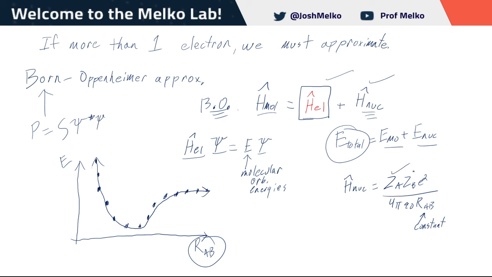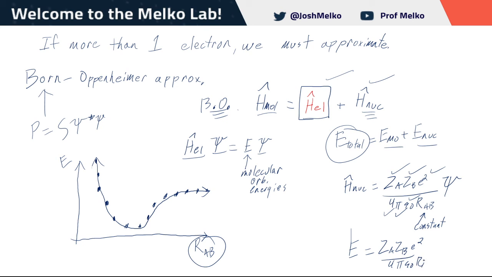And so Z is constant, e is constant, 4 is constant, pi is constant, epsilon naught is constant. We're holding this fixed. That's what the Born-Oppenheimer approximation lets us do. So the wave function I get out at the end, if this is all constant, well, this times a wave function is just that times the wave function. So the energy here of the nuclear term is exactly given by that Hamiltonian operator. Hopefully you can see that.